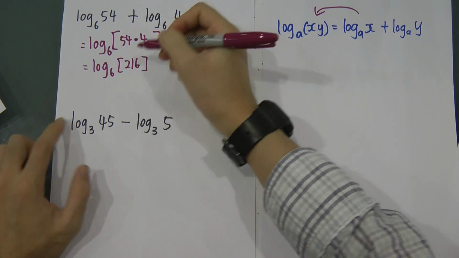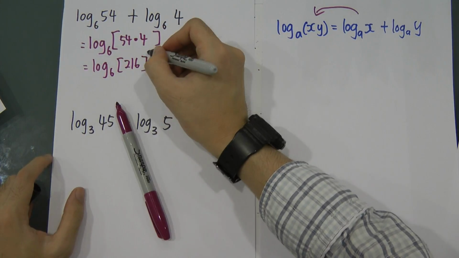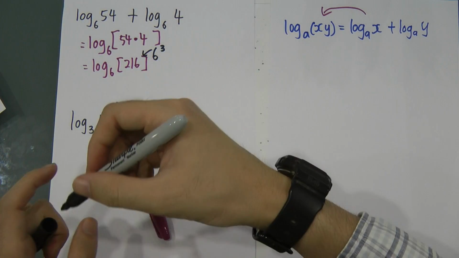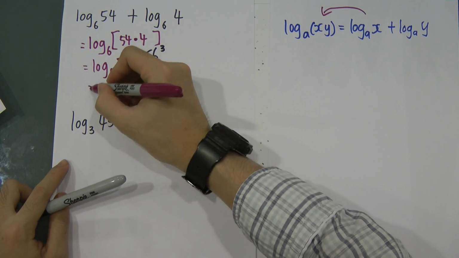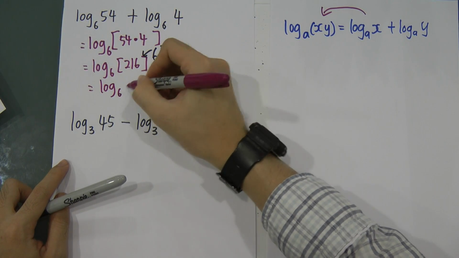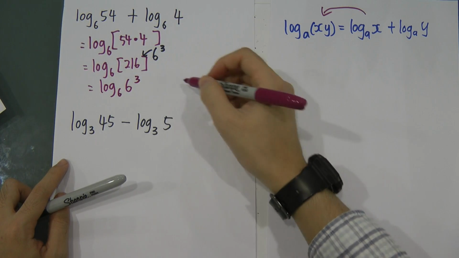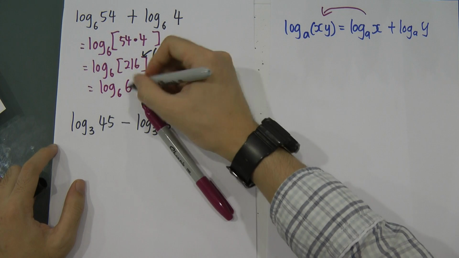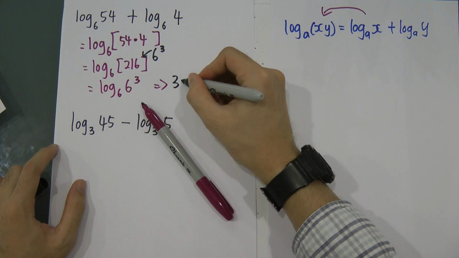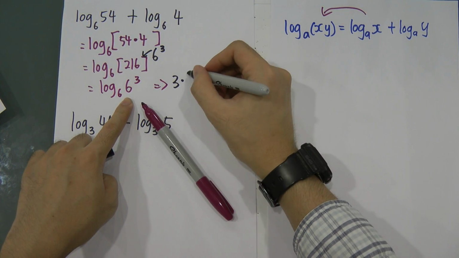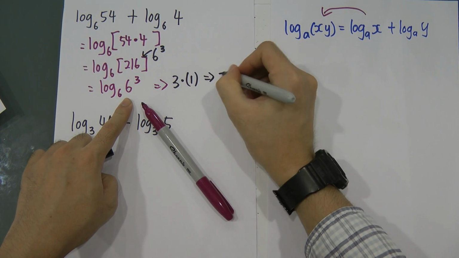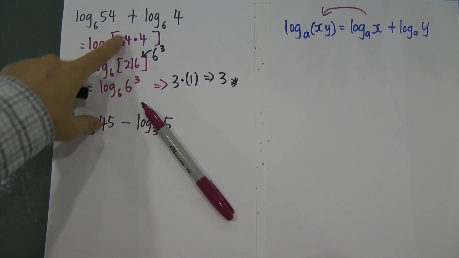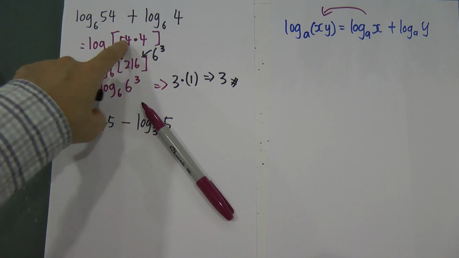And actually I know that 216 is related to 6 because 216 actually is 6 power of 3. So I'm going to change this one to log 6 power of 3. So obviously we know this one will equal 3. Why? Because the 3 you can move in front, become 3 multiplied by log 6 is 1. So the answer will equal 3. Alright, so this is what happens when you factorize, plus will change back to multiply.